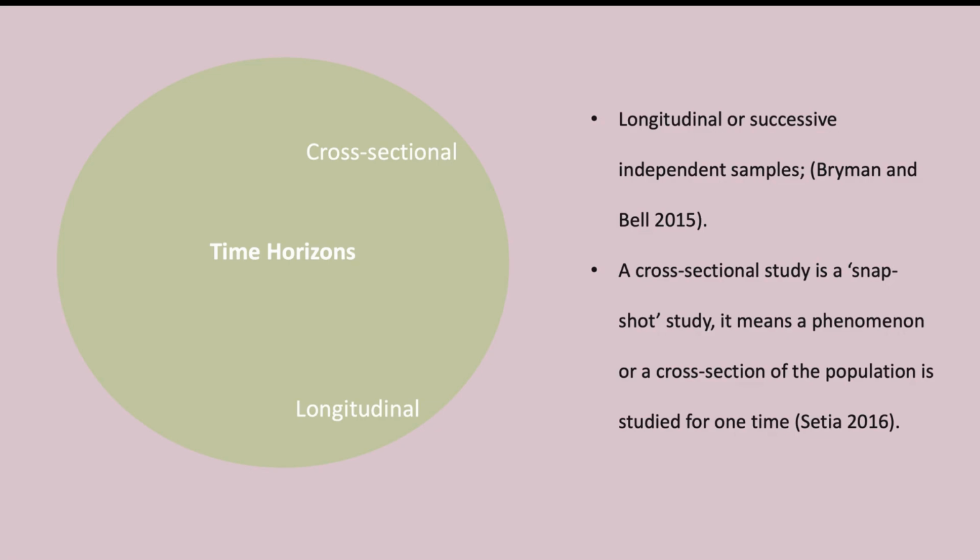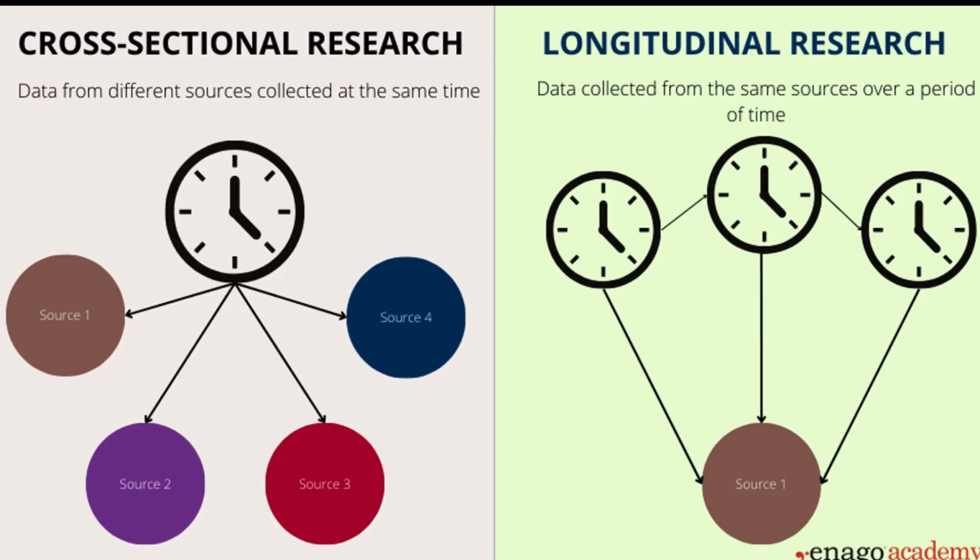It means a phenomenon or a cross-section of the population is studied one time. As we can see, there is cross-sectional research in which we collect data from different sources at the same time, and we collect data from the same sources over a period of time for longitudinal research.